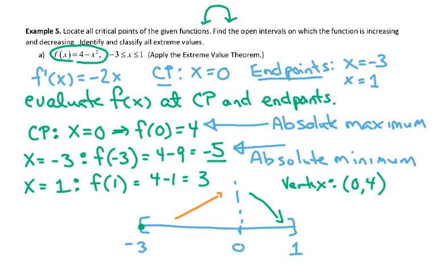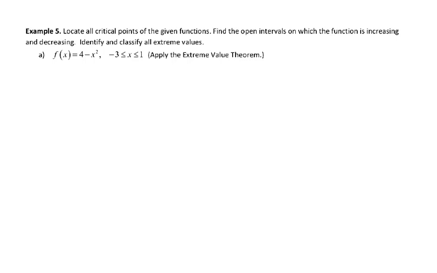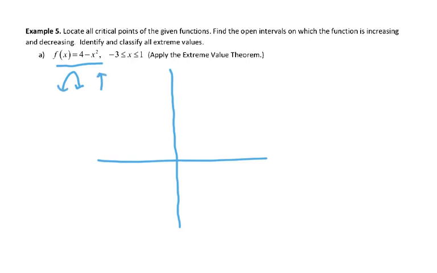We can draw this graph. Let's try that. Let's see what this graph should look like. This is a parabola that's turned upside down and has a vertical shift 4 units up.